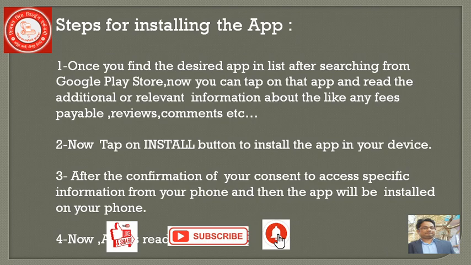It is compulsory, so that you can have a better idea about the particular app. Once you read it, immediately tap on the install button. Now your installation is in process. During the installation, it asks for your consent to access specific information like your contacts, your photos, and so on. Once the installation is complete, the app is ready to use. So this is all about downloading and installation of an app.